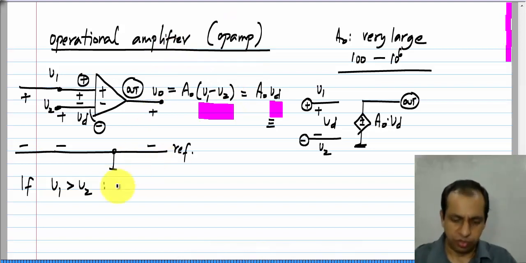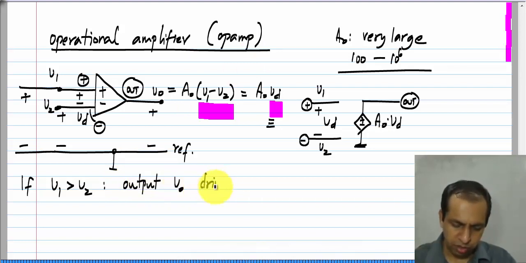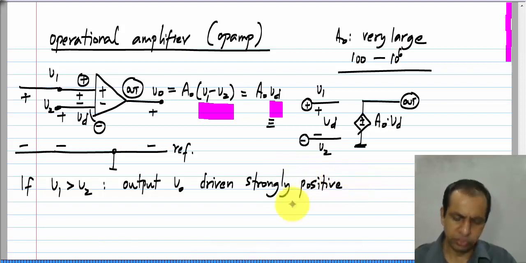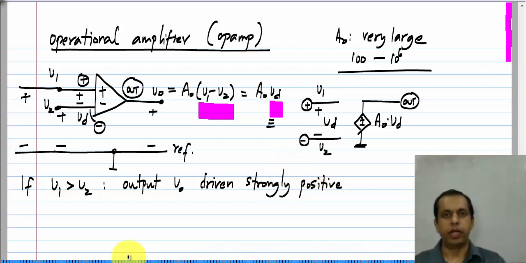Okay. So, for now I will describe it as the output V0 driven strongly positive. Okay.